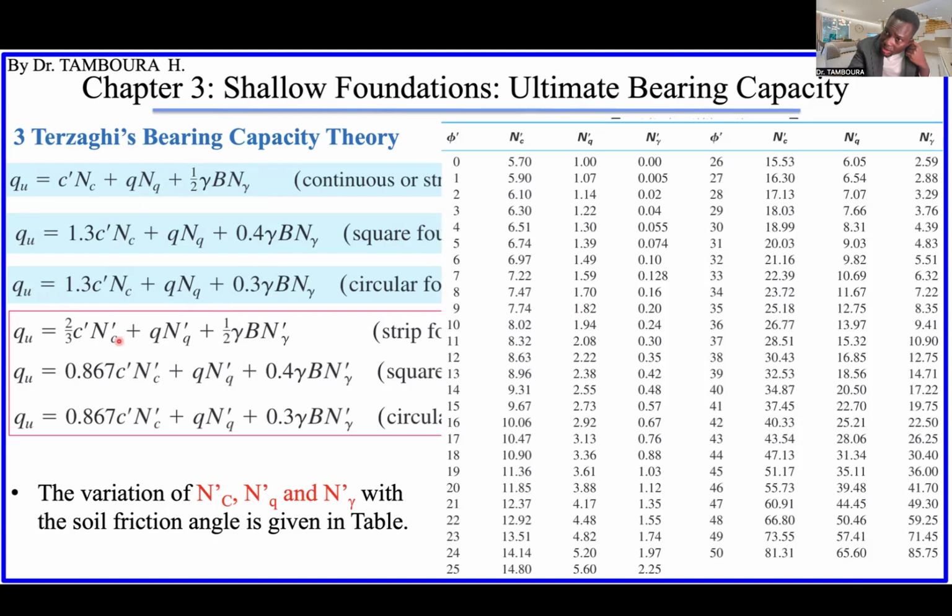Later you will see that there are many other modifications to Terzaghi's general equation to consider the inclination of the foundation, the inclination of the load, or the shape factor. We already discussed this. We will come back to these modifications later in this program.